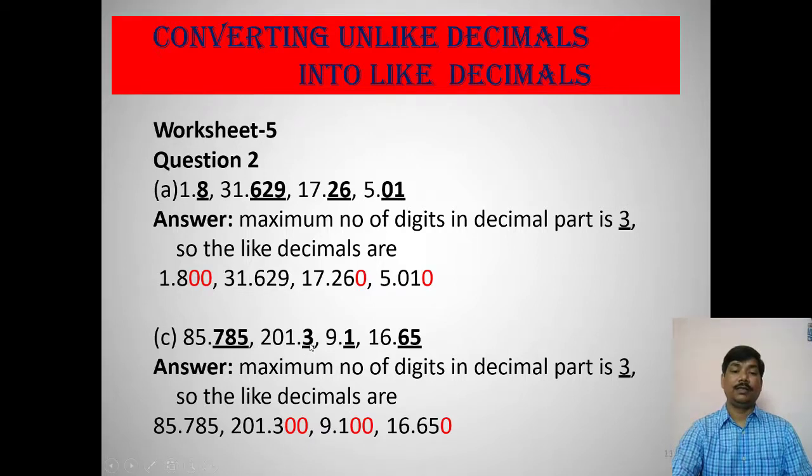Here the number of digits in the decimal part is 1, so we will add 2 zeros to make 3. Here also the number of digits in the decimal part is 1, so we'll add 2 zeros. Here the number of digits in the decimal part is 2, so we'll add 1 zero.